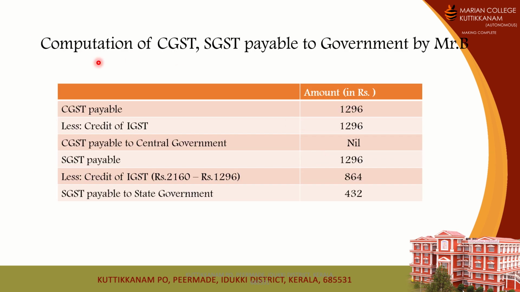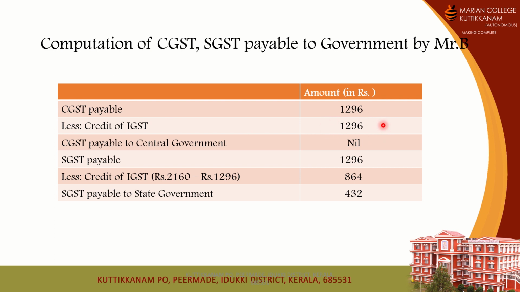So let's see how the computation of CGST, SGST takes place in the case of Mr. B, that is payable to the government. Okay. So CGST payable by Mr. B is 1296 and credit of IGST available is 1296 itself. Okay.